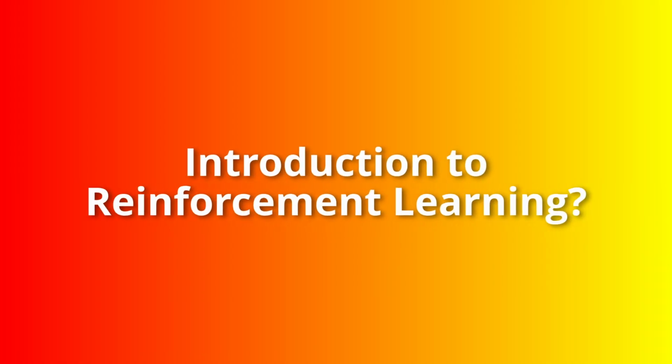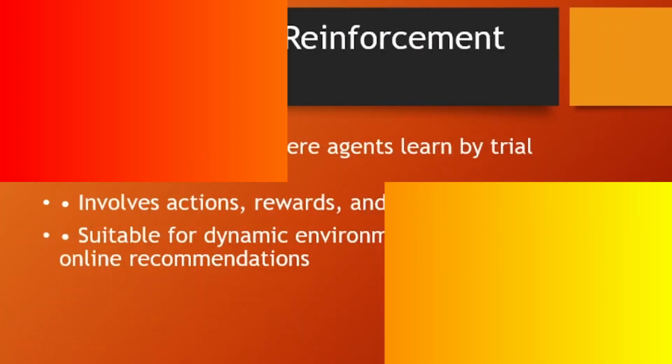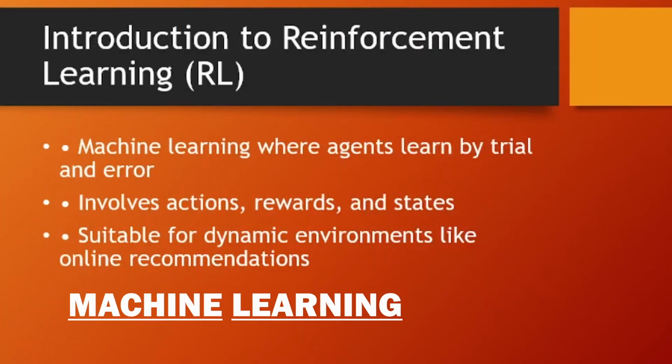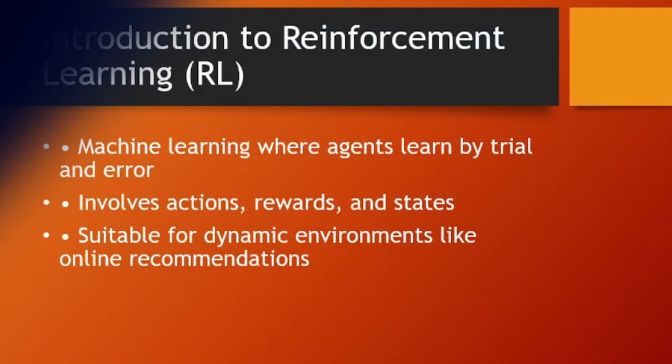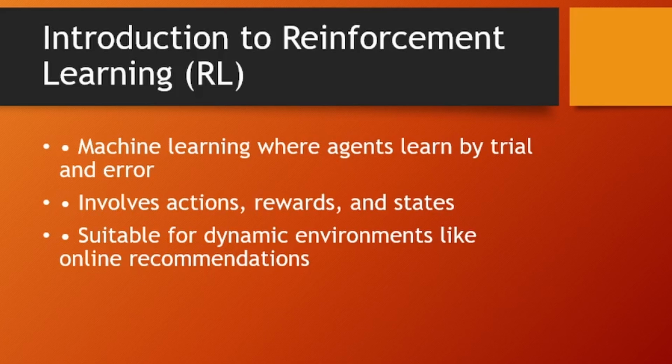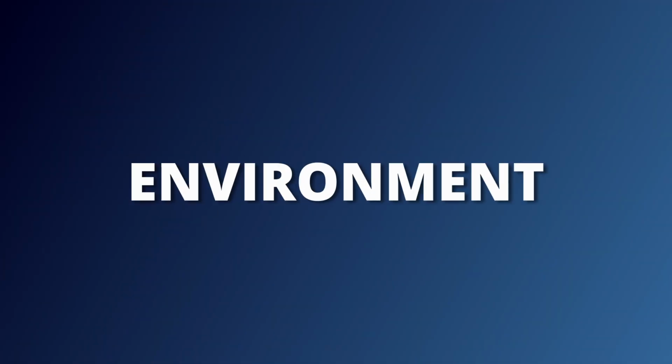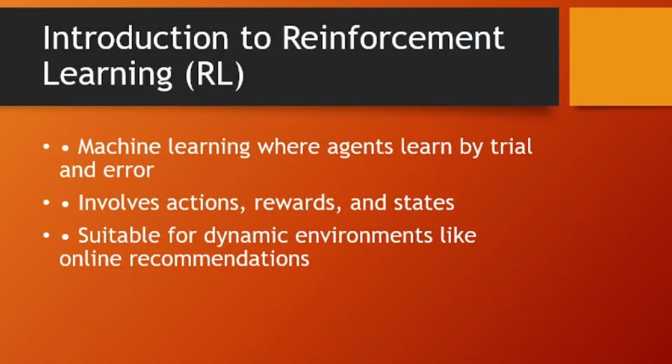What is reinforcement learning? In simple terms, reinforcement learning is a type of machine learning where an agent learns by doing. It interacts with the environment, takes actions and gets feedback in the form of rewards. Let's break it down. First is the agent. The agent is the learner or decision maker. Then the environment, what the agent interacts with, and then the action, what the agent chooses to do.